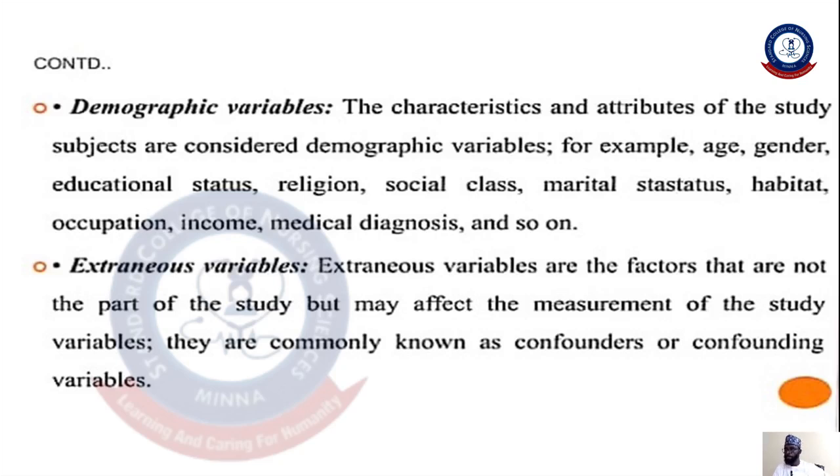For example, if you're trying to measure the temperature of an individual, and you put that individual in a room and you turn on the AC.